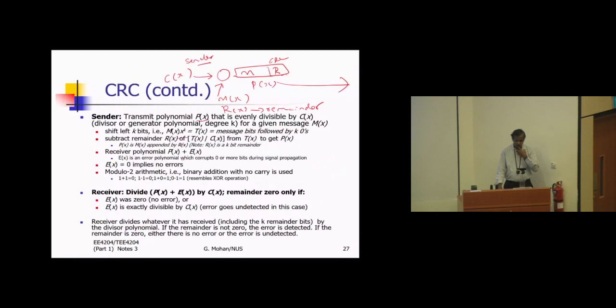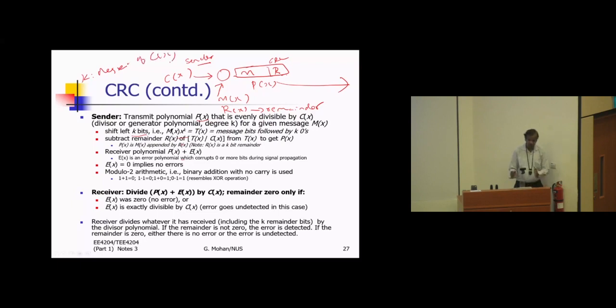So now how are we going to carry out the division? First step, we are going to shift m, the message bits, by k bits. Note that k is the degree of c.